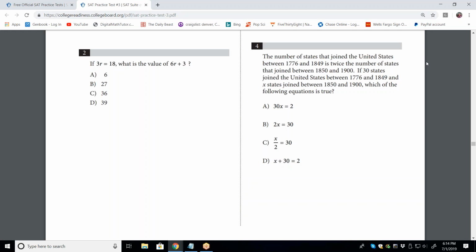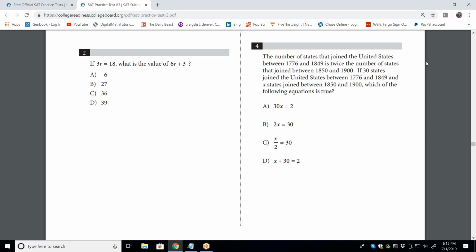The number of states that joined the United States in the first 70 years is twice the number of states that joined between 1850 and 1900. And then they're telling us that 30 states joined between 1776 and 1849. So how many states joined between 1850 and 1900?